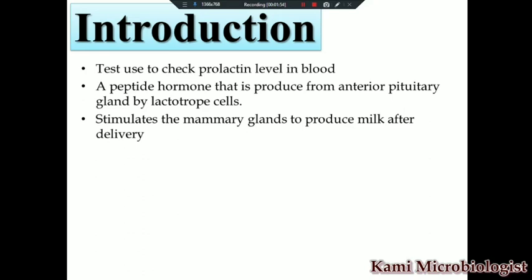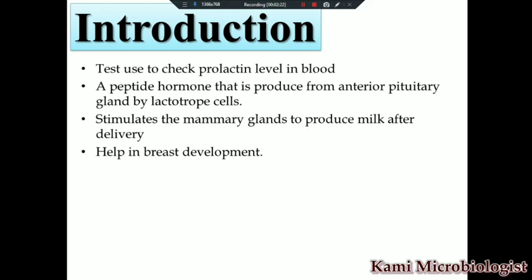Now the function of prolactin is to stimulate, or we can say activate, the mammary glands. So when the mammary glands get activated or stimulated, what will happen? It will produce milk. Moreover, it can also improve breast development, meaning it can increase the size of the breast.